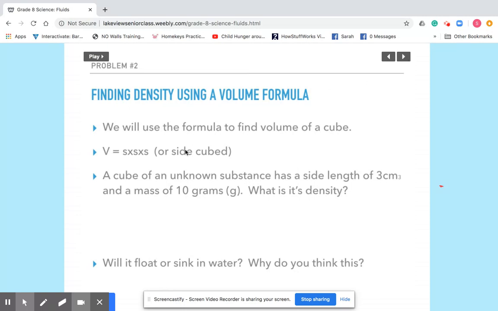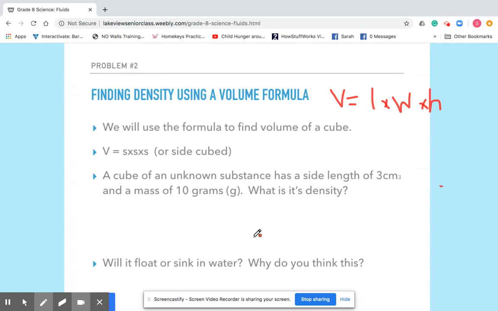And the volume formula for a rectangle, I'm sure we all know, is volume equals length times width times height. Right? But for a cube, we know that all sides are the same length. So the volume formula for a cube is side times side times side, or simply side cubed. Okay, so now down to our problem.